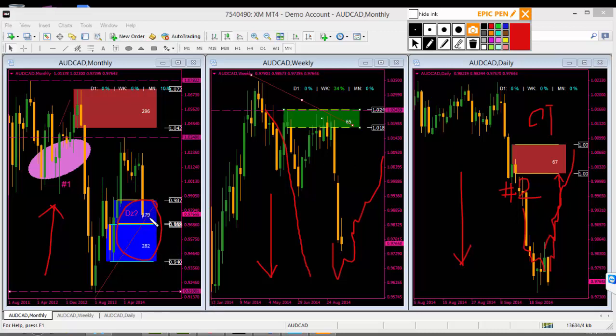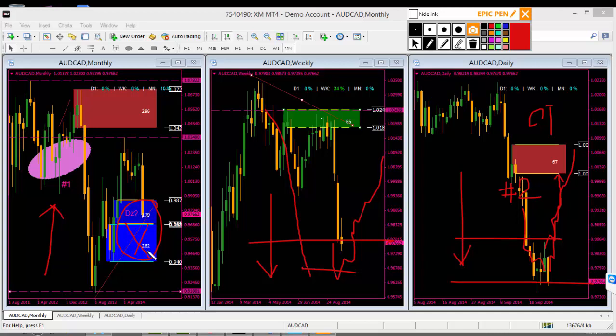So you can actually look for a buy. That means you go looking for a demand zone within this month in your weekly time frame and in your daily time frame. If the price drops down into the monthly demand, you are not going to trade the demand off the monthly time frame.